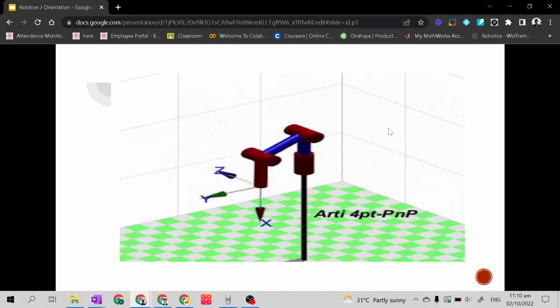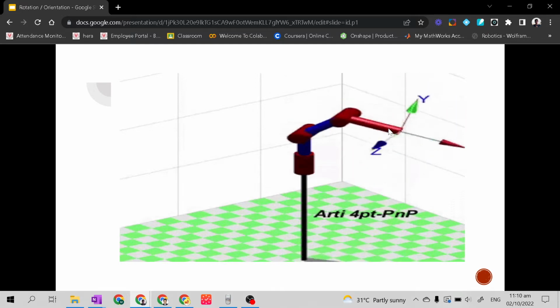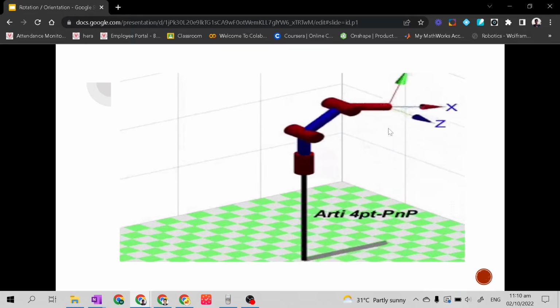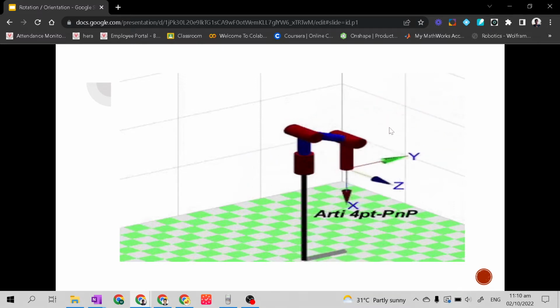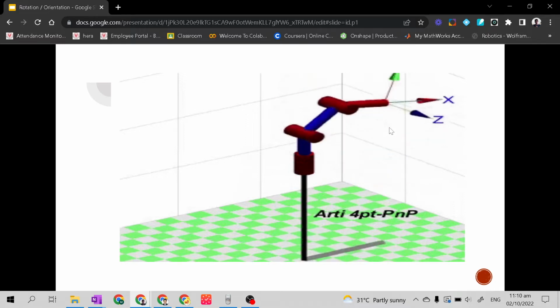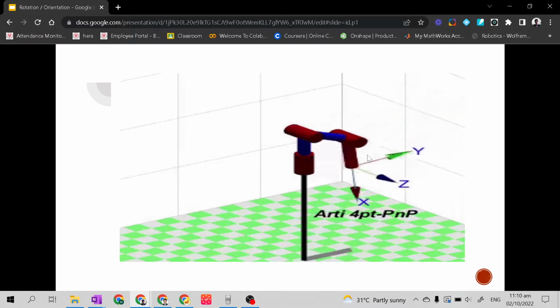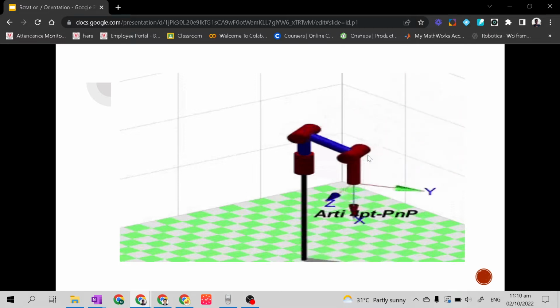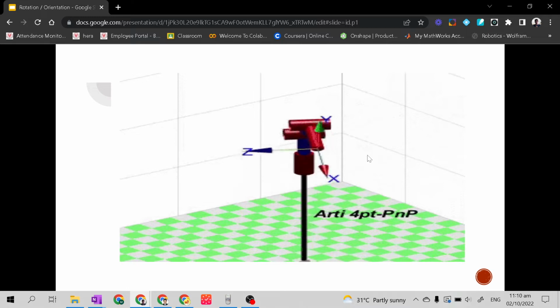The term orientation means how the end effector angles in space. That's why it is also called rotation, because it has rotation angles.